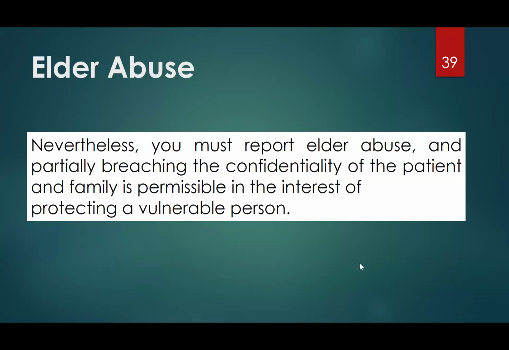So it is very important to note the age group of the abused person. Is he a child or is he an elderly? If he is a child or an elderly, you can directly report the abuse.